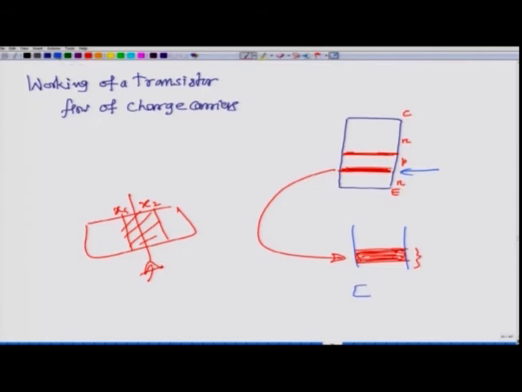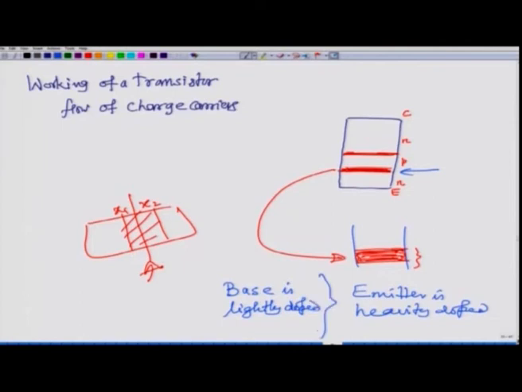The clue is emitter is heavily doped and the base is lightly doped. So, you work out in this depletion layer at what point should be this junction, it should be here or it should be here or it should be here, where in this. So, do it.